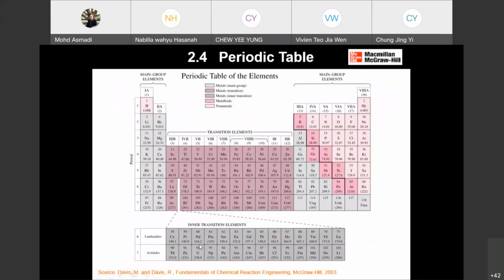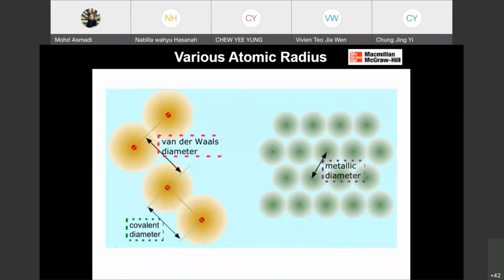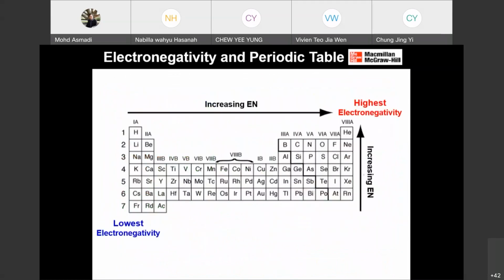Cerium, Pr, what else? Palladium and platinum are really expensive if we want to use them as a catalyst. This is in the transition metal. Another group. Focus. We're just focusing on the 1A group.